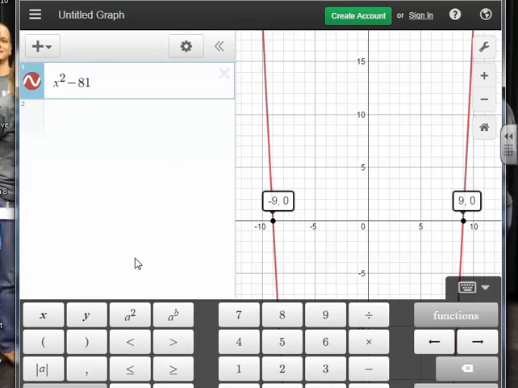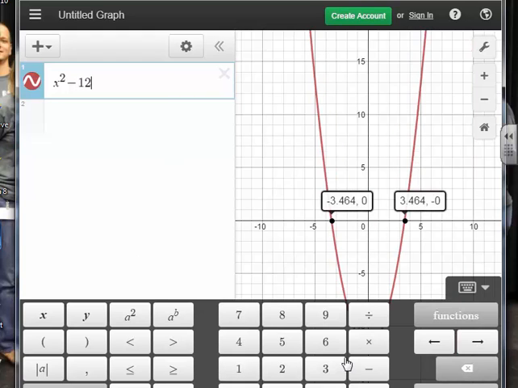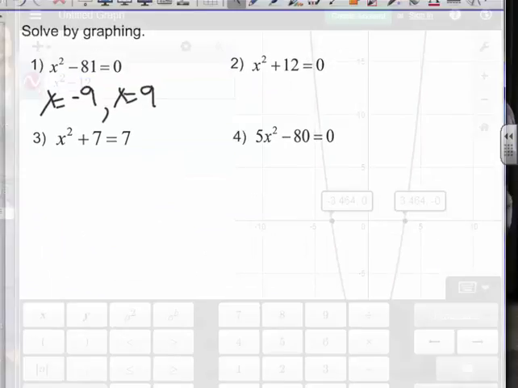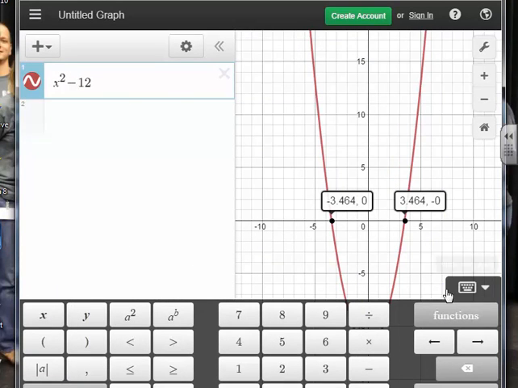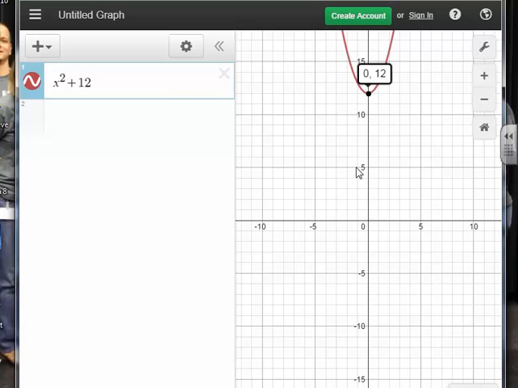Number 2 changes it just a little bit. Back up out of that. We go to 12. Oh, sorry, let's put the plus in there. Okay, so now I have one of my problems. The vertex is at 0, 12. It never crosses the x-axis.